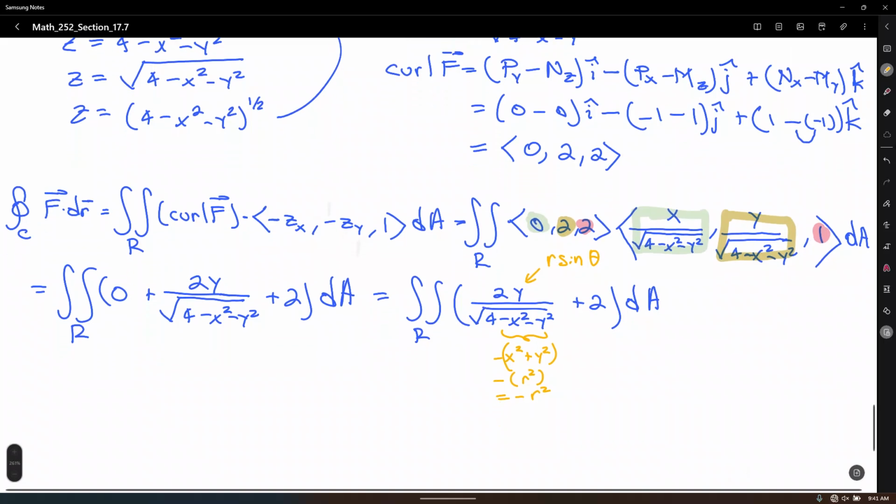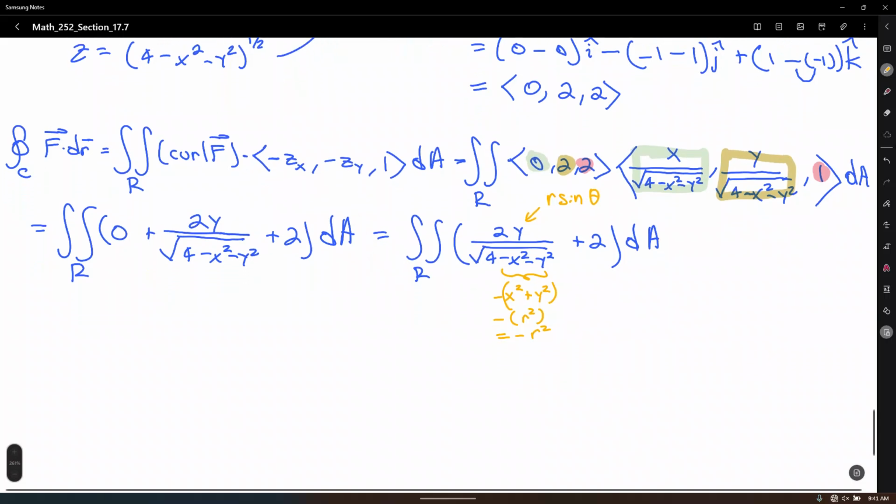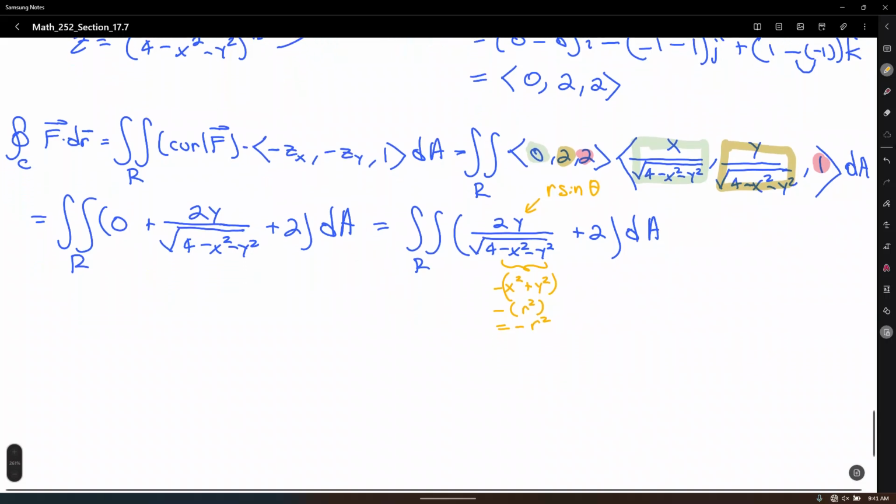So that means we are going to set up the following integral: the double integral of 2r sine theta over the square root of 4 minus r squared, plus 2.